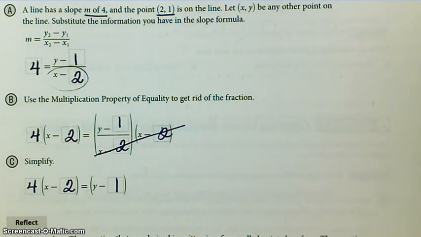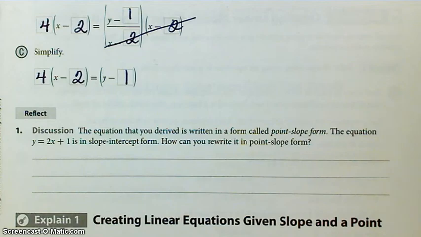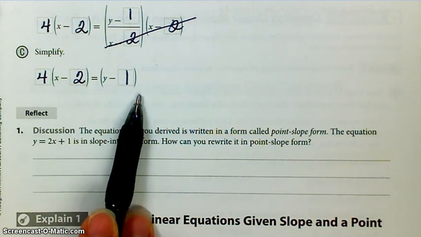Okay. So all I really did is put in the coordinates of the 1 point that I had, and put in the slope, and this is point-slope form basically.